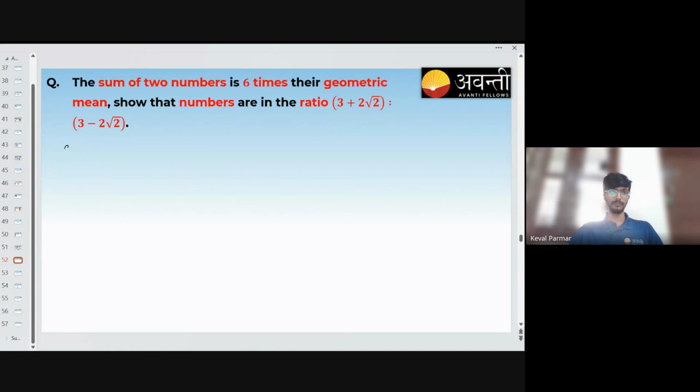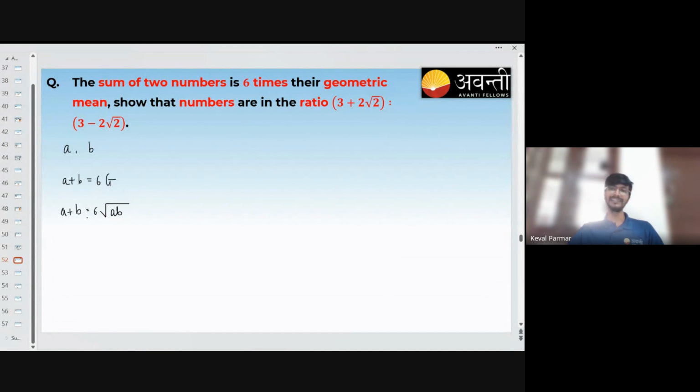Let the two numbers be A and B. The sum of two numbers, that means A plus B is equals to 6 times their geometric mean. So what is the geometric mean? A plus B will be equals to 6 under root of AB. Correct?